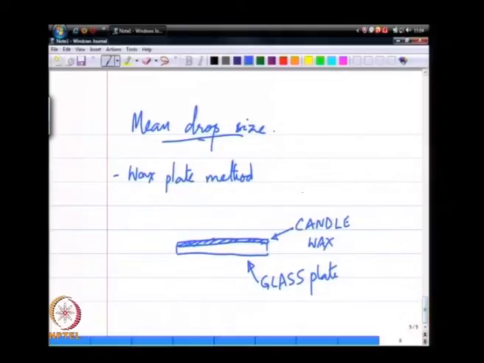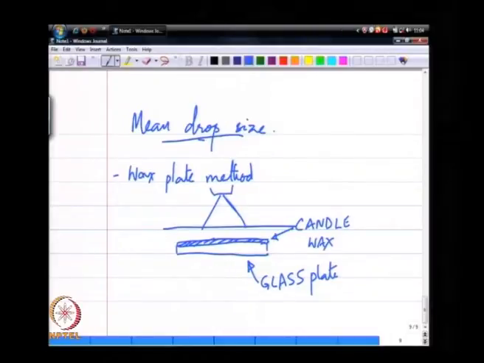And then you first heat it up slightly until you have the wax in some molten state, and then cover this plate with a piece of plastic and expose it to the spray itself. So, essentially you have the liquid wax now, because the plate is slightly warm, you only need like 50 degrees C heat to melt wax. So, you have molten wax on this glass plate, and on top of that you have a cover of some kind.